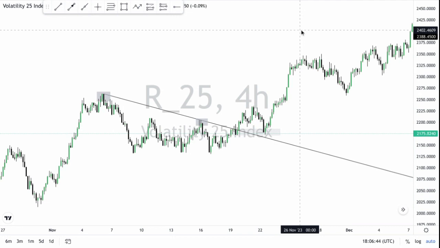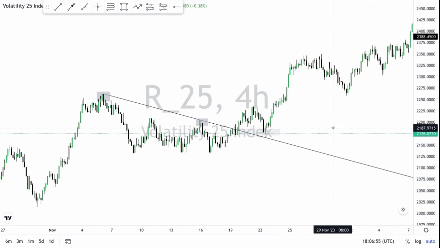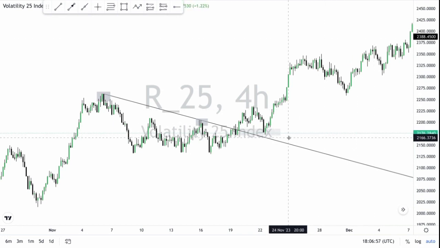When the market is in a buying trend or a selling trend, it follows a trend, right? These lines help us to determine whether the market is still in a buying trend or in a sell trend. Until the trend is broken, the market structure remains the same.